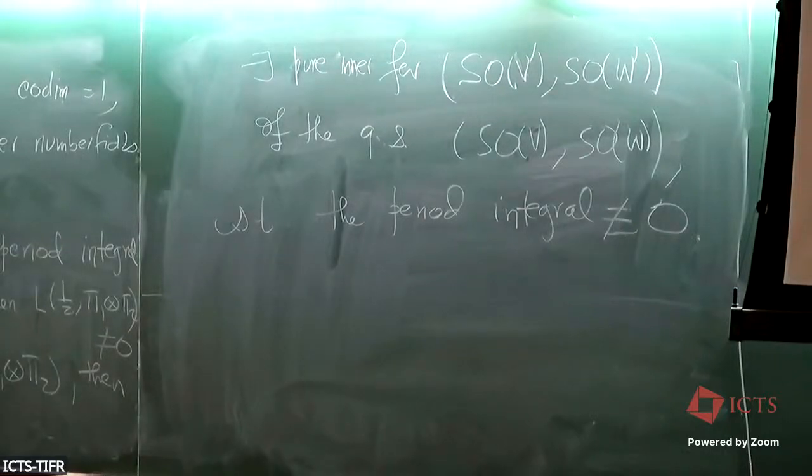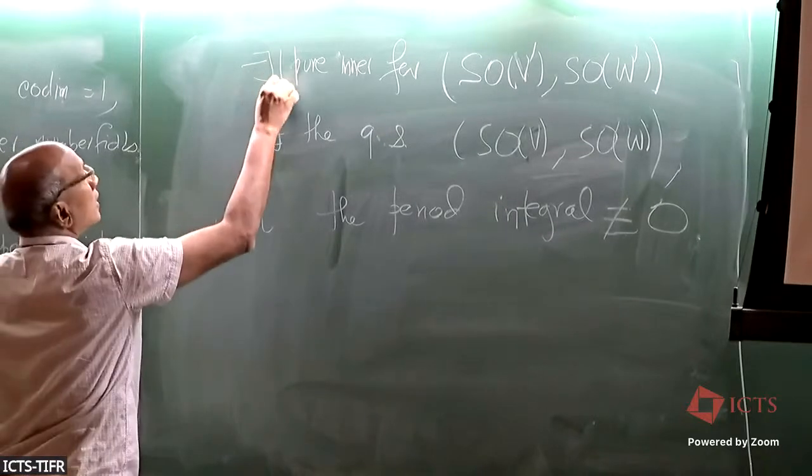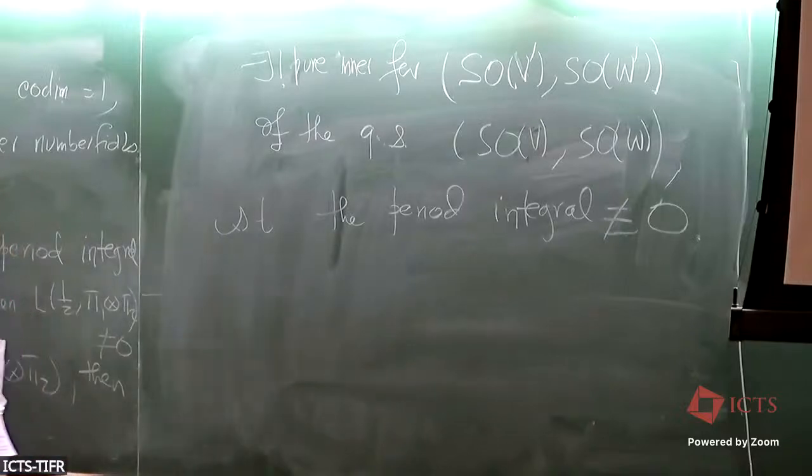So out of automorphic forms on the quasi-split group and the fact that the L value is non-zero, one wants to say that there exists a unique pure inner form and representations on them for which the period integral is non-zero.